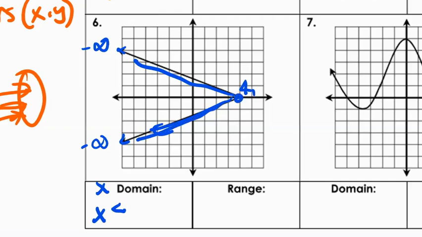Less than or equal. Why equal? Because if you notice, there's no hole here. It's filled in, okay? So that's 4. Everything from here going to the left, less than or equal. So that's my domain.